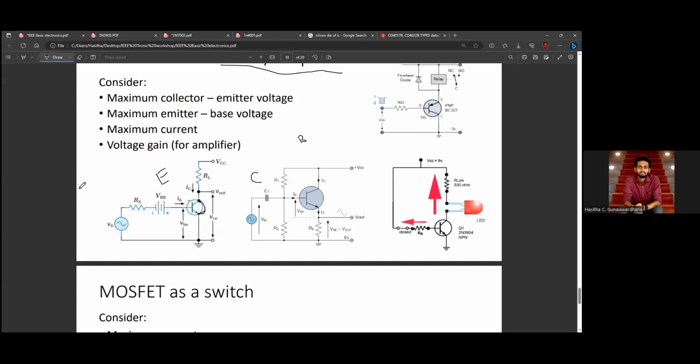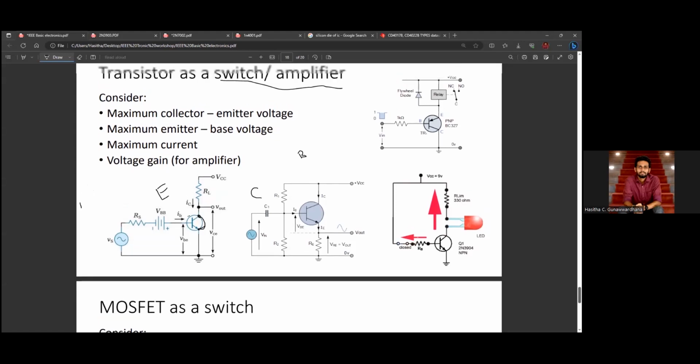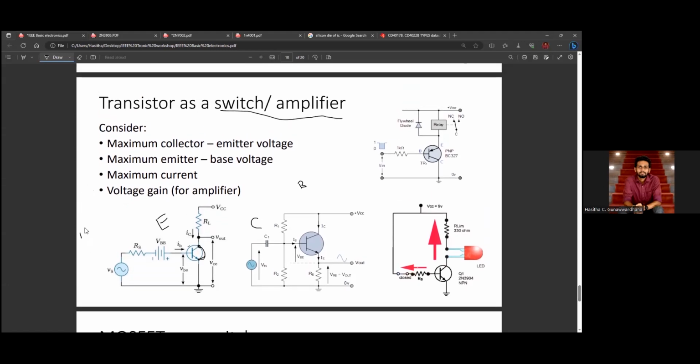One is saturated and one is cut off. If you didn't learn about this yet, don't worry. These are like the two extreme ends of a transistor characteristic.